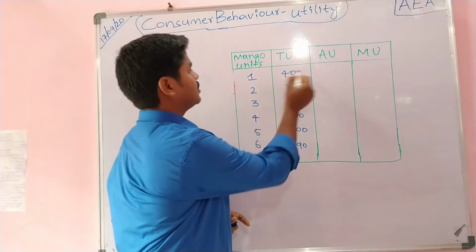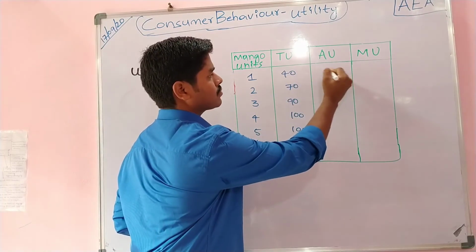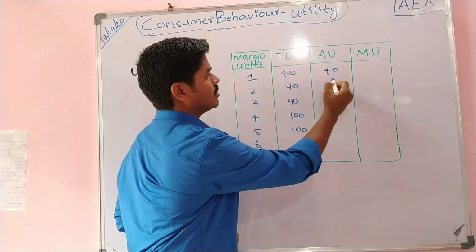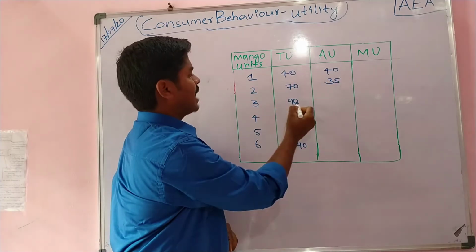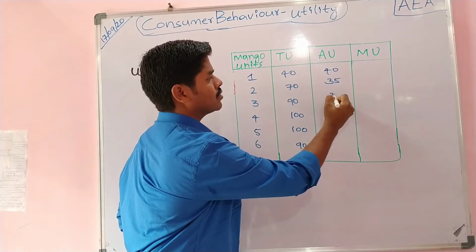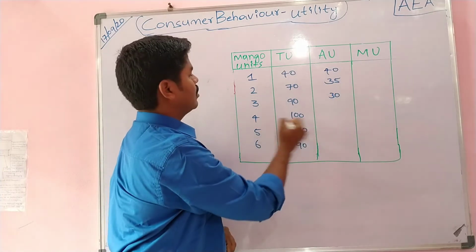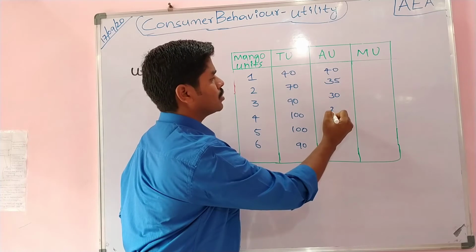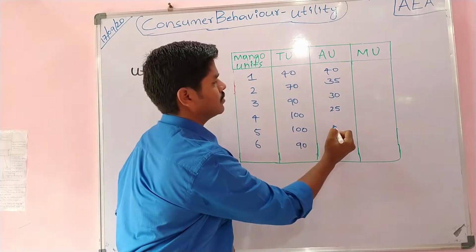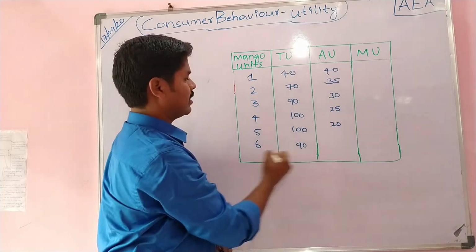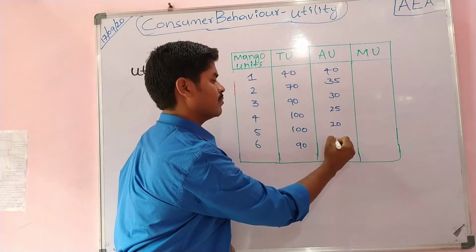See here, total utility 40 by 1 is 40. Then it will be 35, and 90 by 3 is 30, and 100 by 4 is 25, and 100 by 5 is 20, and again it will be 10.